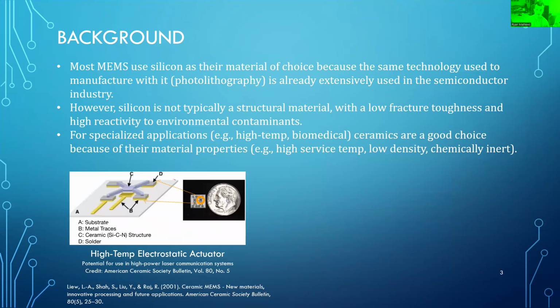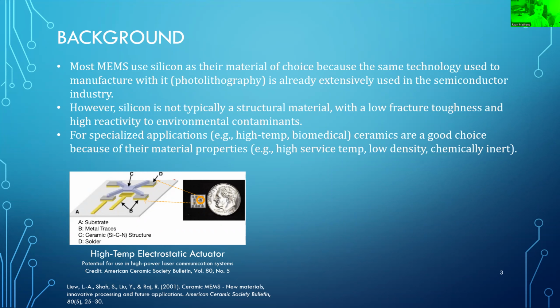Most MEMS use silicon as their material because they can use the same technology they use to make semiconductors, which is photolithography, to make them. However, silicon is not a very strong material. It's not good structurally.